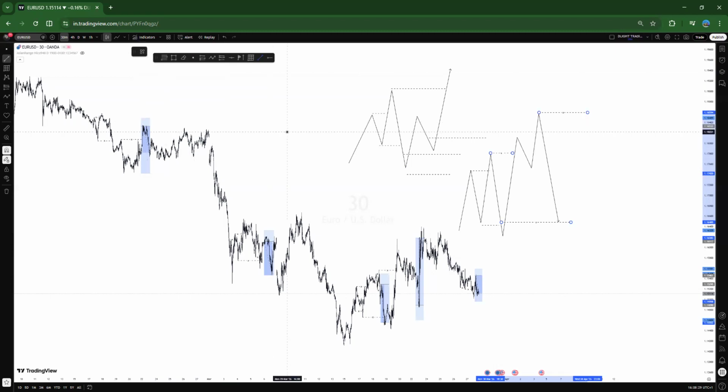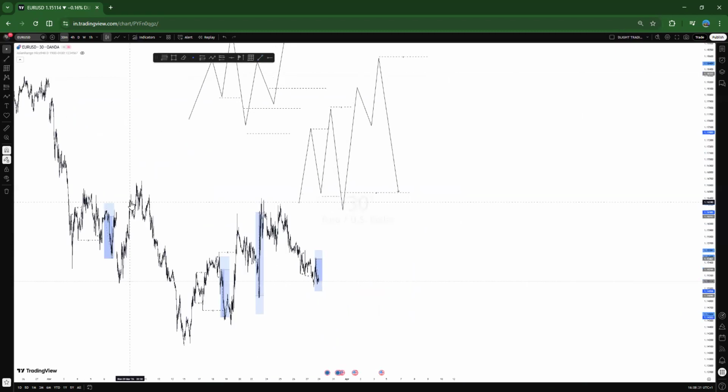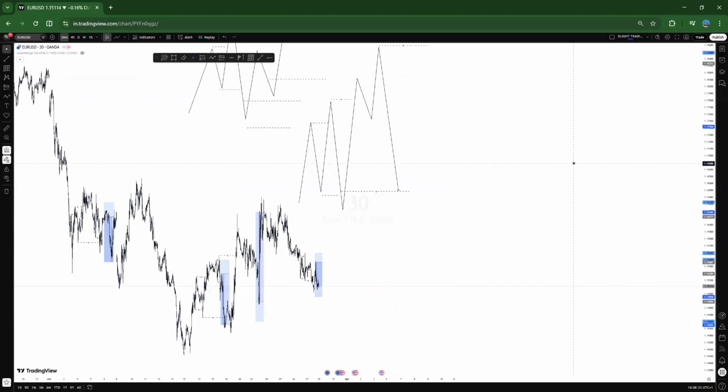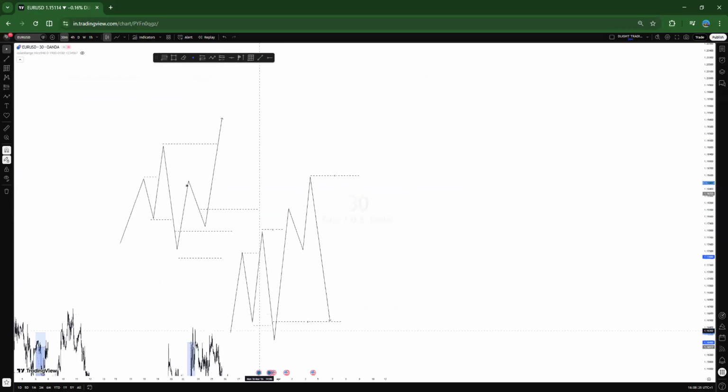There are also other scenarios, and this is one of the scenarios I'm looking for. The price takes this one out and comes back.